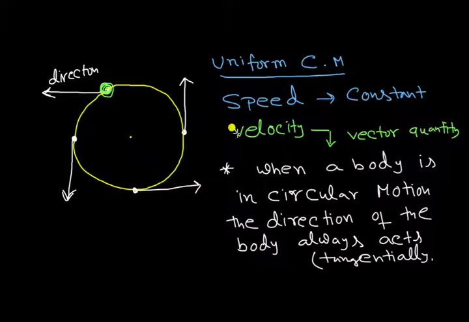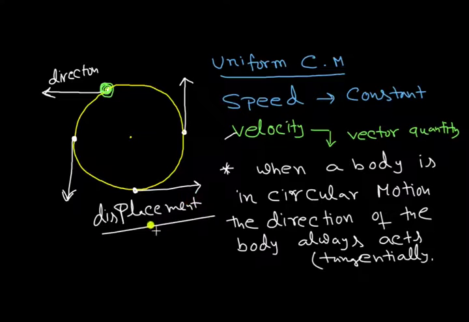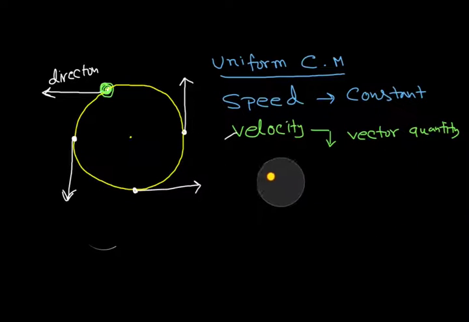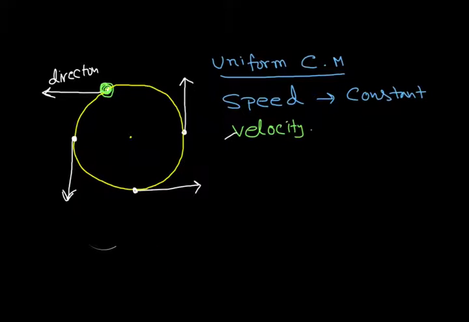So velocity is displacement upon time. If the displacement changes all the time, then the velocity will be non-uniform. It means the velocity is variable. Velocity is not constant in a uniform circular motion.